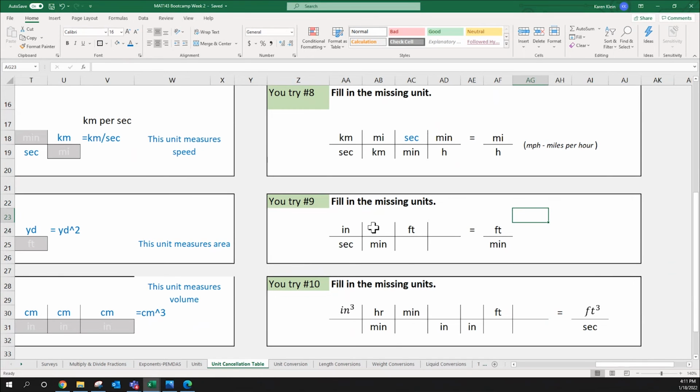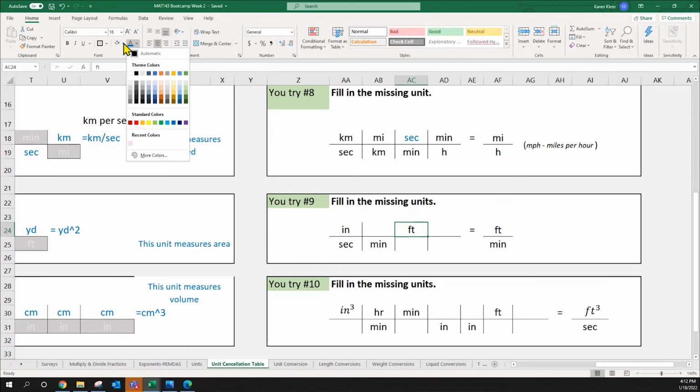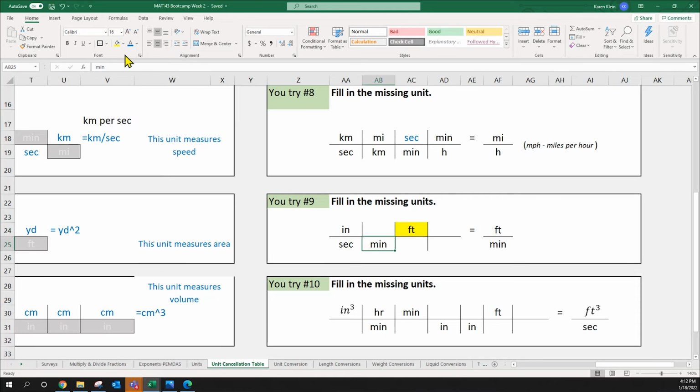And in number 9, we have 4 blanks. I don't know if all of them are going to be used, but we need to end up with foot per minute. So we need this to stay. So that needs to stay. And we need this to stay. So we need inches and seconds to go away. There's a couple ways I can write my answer here.